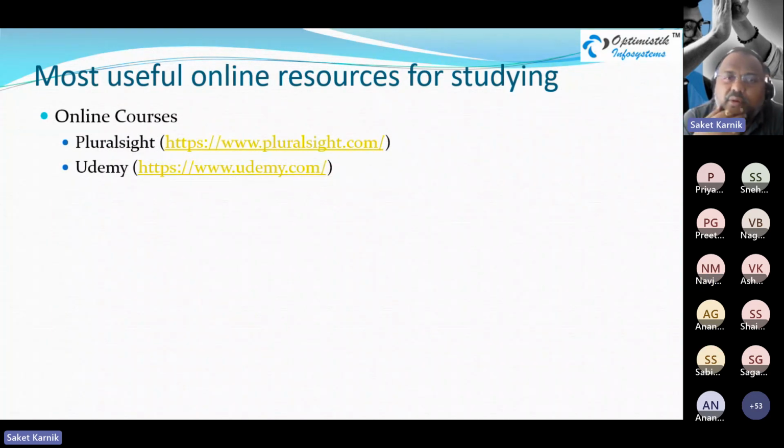Next are online resources. There are some popular platforms: Pluralsight, Udemy. Cost-wise, Udemy is a little cheaper compared to Pluralsight, but the quality of content is quite good on both of them. Don't go just by the cost, because sometimes you need very simple input in layman language, which Udemy is the best in.